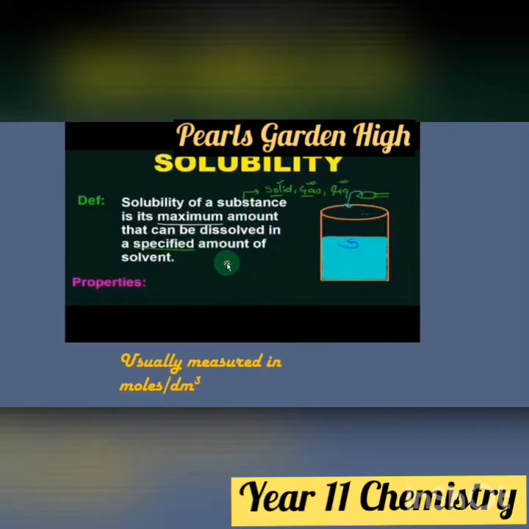Yes, that's because in determination of solubility, it is important to first prepare a saturated solution of that solute. So if you want to know how soluble a particular solute, say for example sodium chloride, is in water at a particular temperature, we would need to first prepare a saturated solution of sodium chloride in water at the given temperature.